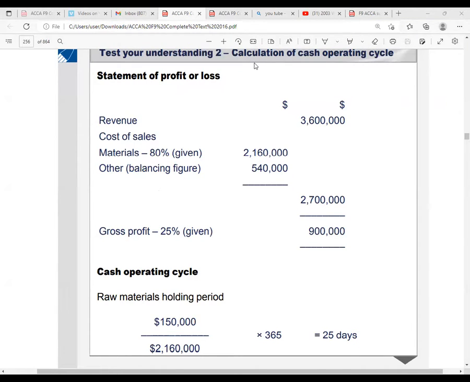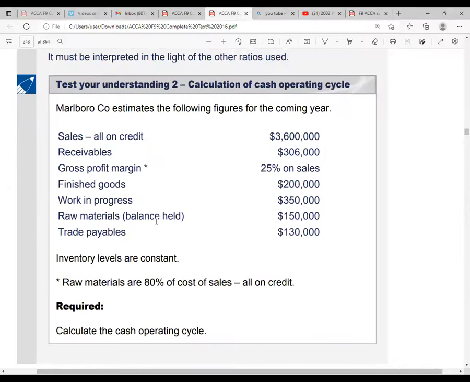So ladies and gentlemen, we have this question here. You see, we have got raw materials balance held of 150. So in terms of inventory, is there somebody who can give me the inventory raw material days?